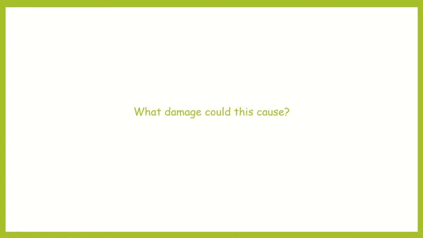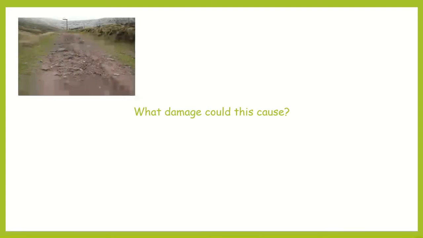All of these additional visitors, what damage could this cause? There's several ways in which people can cause damage to the natural environment. First off, this is an image of what we call footpath erosion. Now, erosion means the breaking down and removal of material. What happens, unfortunately, is visitors do not stick to footpaths.